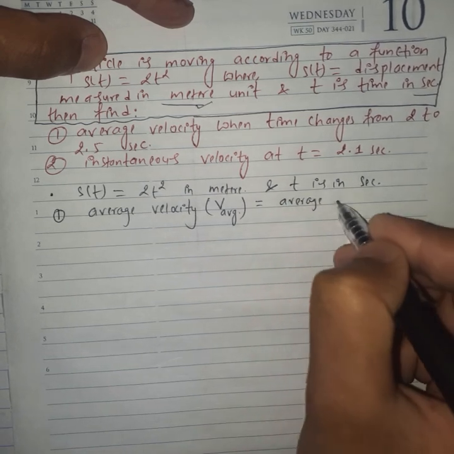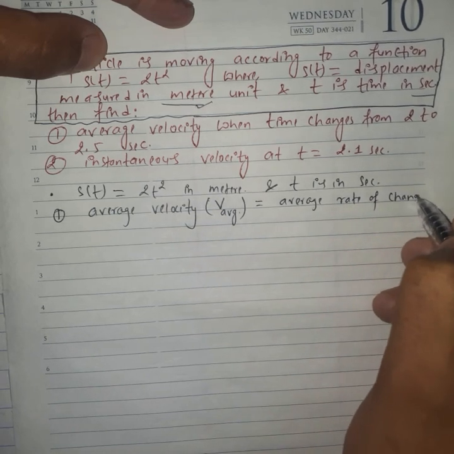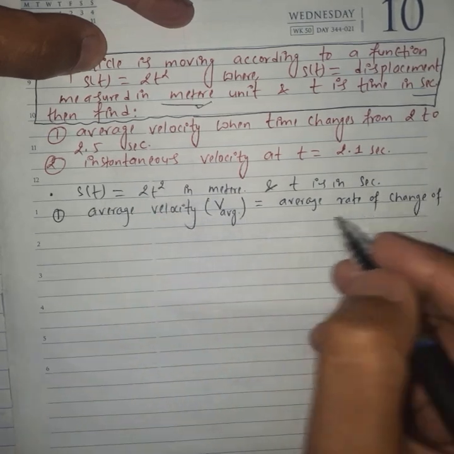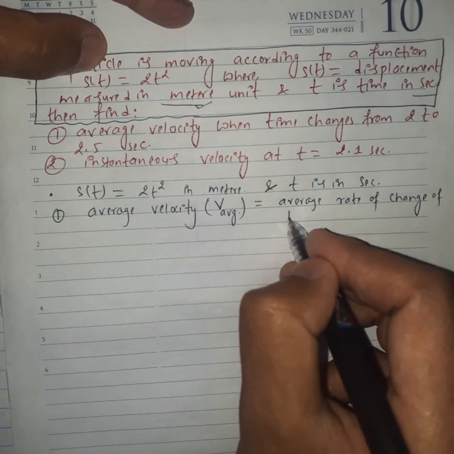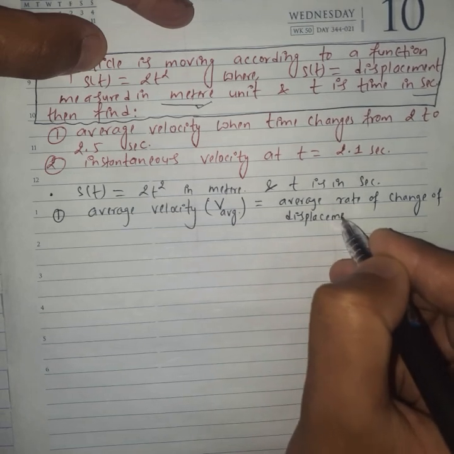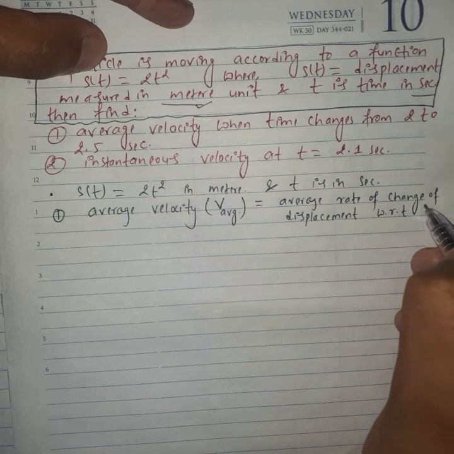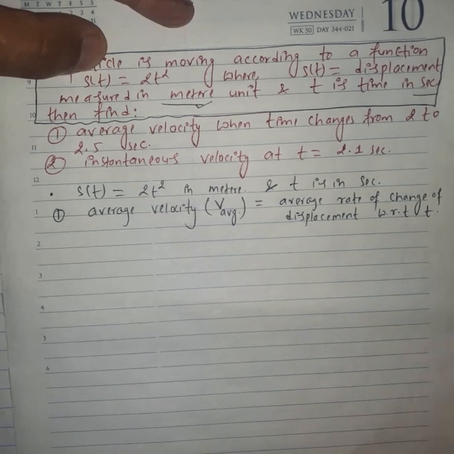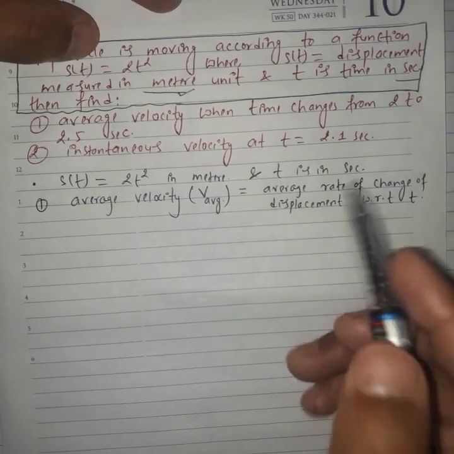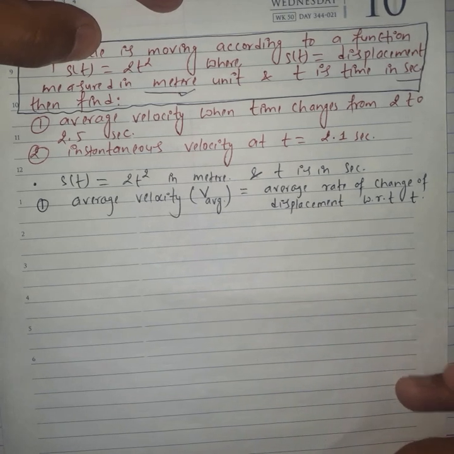It is defined as the average rate of change of displacement with respect to time. The average velocity is defined as the average rate of change of displacement with respect to time.